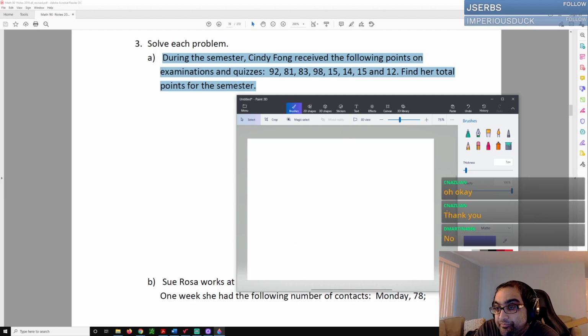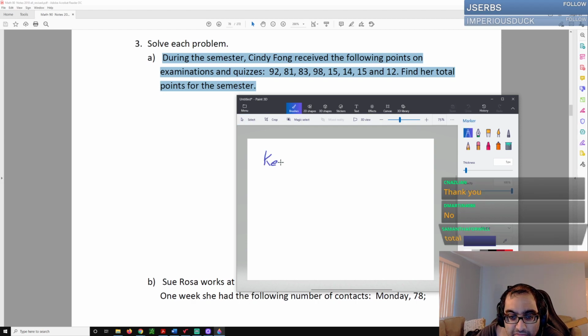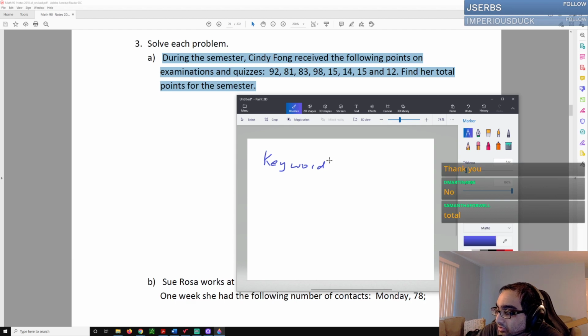Okay. So can anybody tell me in this example here, what's the key word here in this example? That's correct.